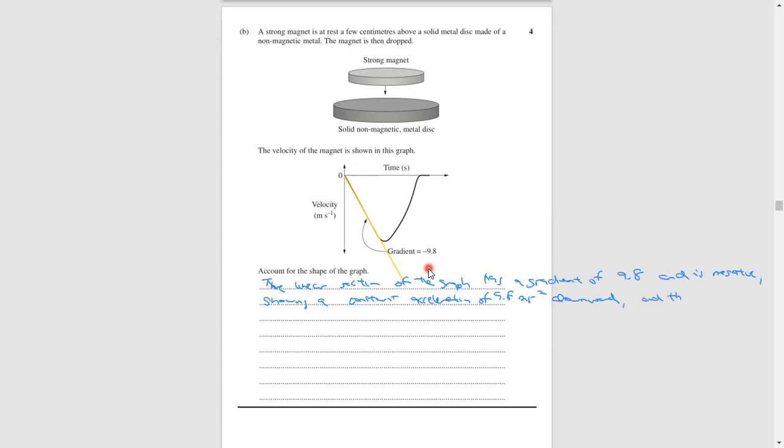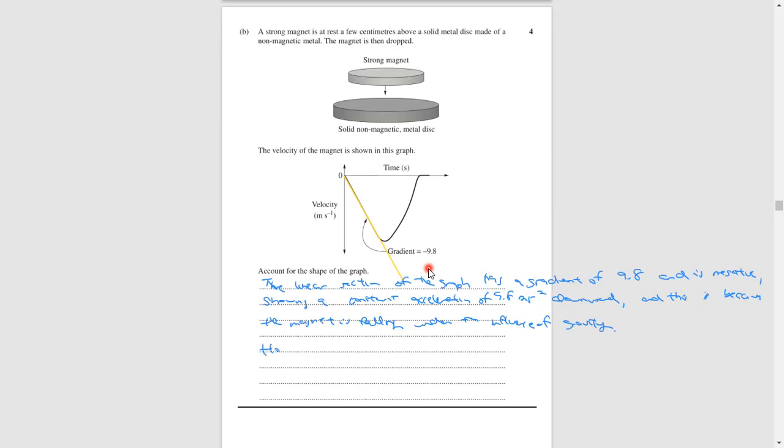And this is because the magnet is falling under the influence of gravity, which we understand, of course, is going to have a constant acceleration over reasonable values of distance. So it's falling under the acceleration due to gravity, close to Earth.